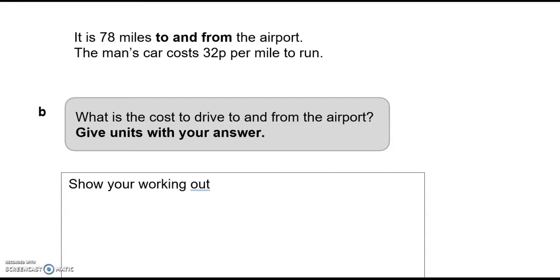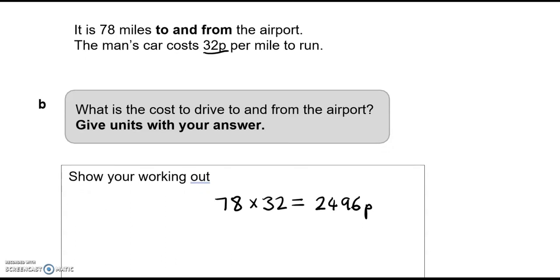So it is 78 miles in total, and it is 32 pence per mile. So we're going to multiply to work out the total cost. It is 2,496. That is pence, because we input pence in the first place.